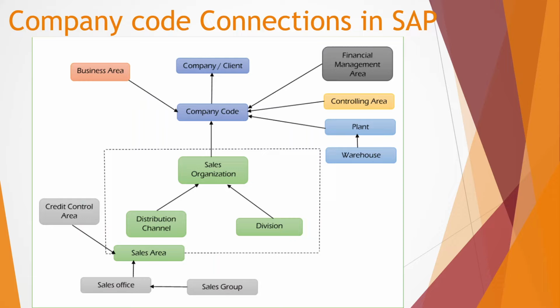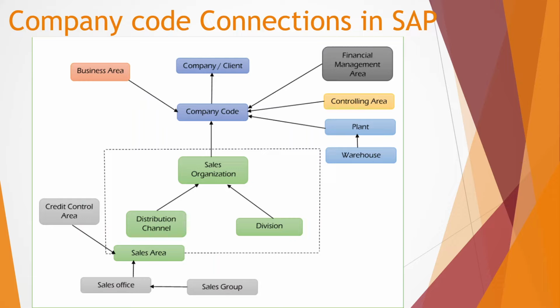Without connection, most things do not work. Here one thing is very important: though you do not assign a business area directly to the company code, when you post any kind of business transaction in the SAP system, that time you create the link between your company code and the business area, and that is how the linkage is created between these two.